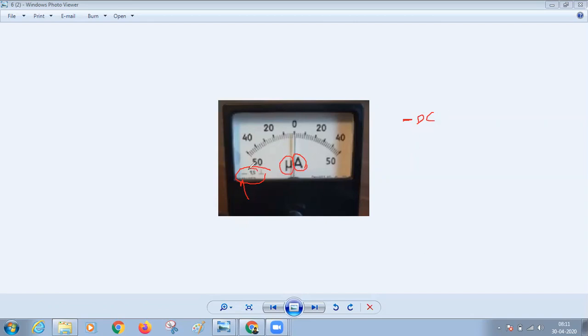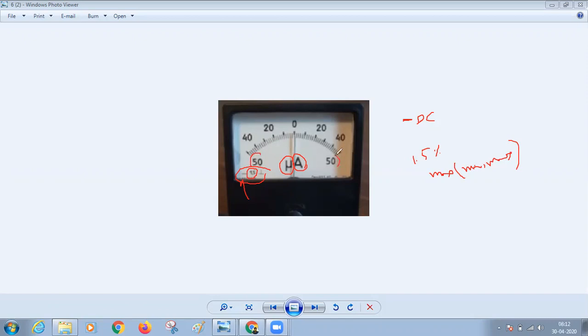And the second one is given as 1.5%. So 1.5% error with respect to fiducial value, which is the maximum of the minimum and maximum, right? Now if you observe this meter scale, what is the maximum value?